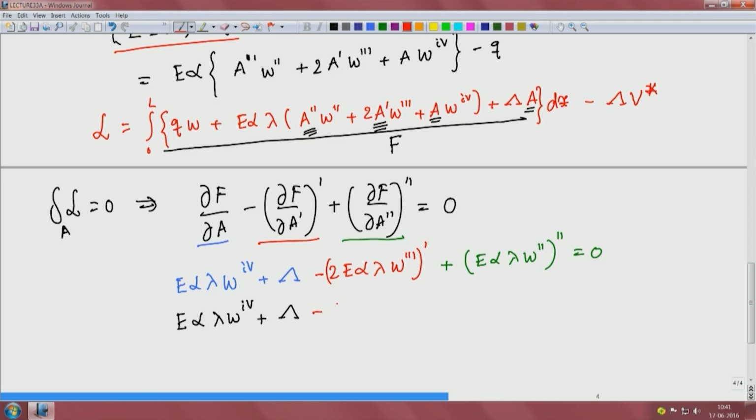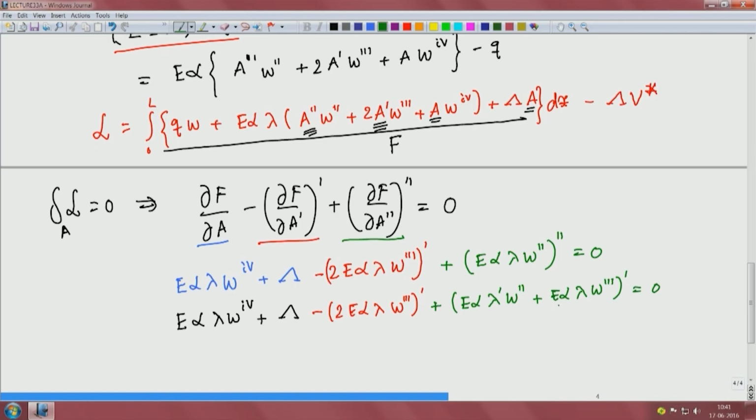So, I will just put this as minus 2 E alpha lambda w triple prime prime, and then let us go to this last one. Let us take one derivative of this, that will give us E alpha lambda prime w double prime plus E alpha lambda into w triple prime equal to 0. Okay. Because lambda is also a function of x.